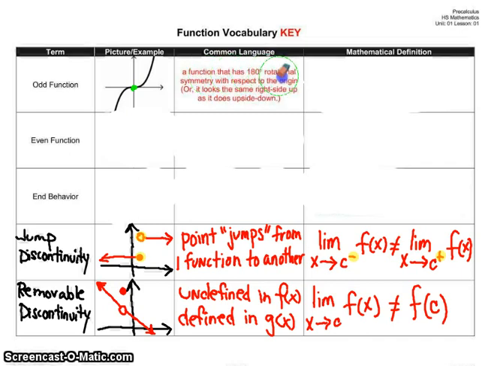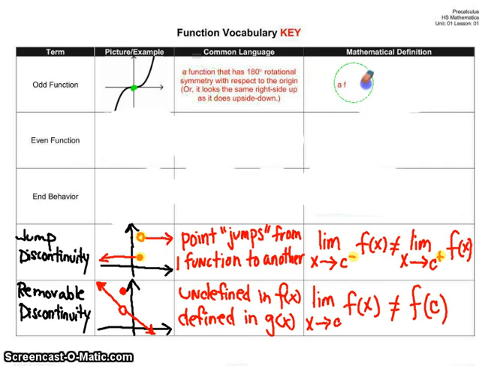Well, the common language is a function that has 180-degree rotational symmetry with respect to the origin, or it looks the same right side up as it does upside down. So if you turn the picture I just showed you 180 degrees either clockwise or counterclockwise, you will get the same picture as you started with.